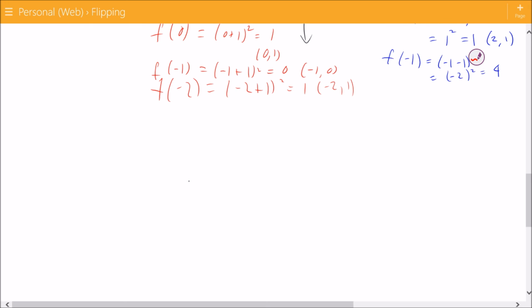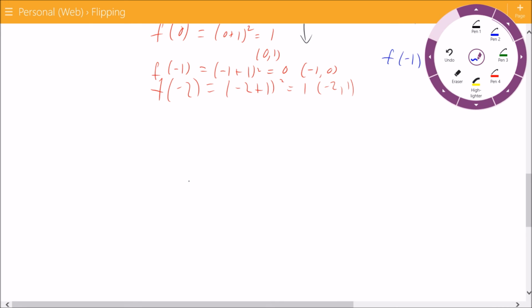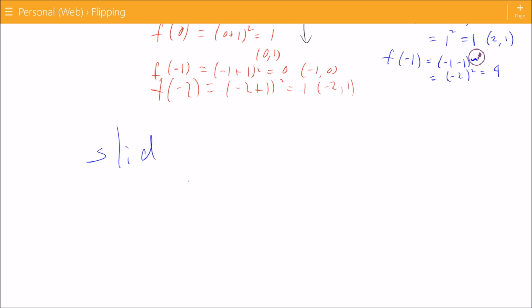So if you want to do a slide to the right, have a negative within your parentheses. You substitute this for x in the function.